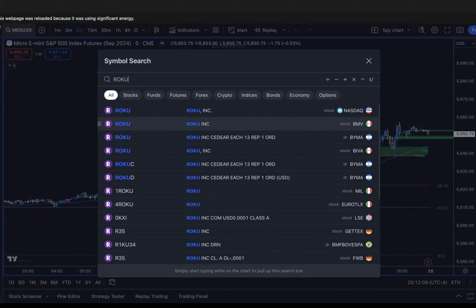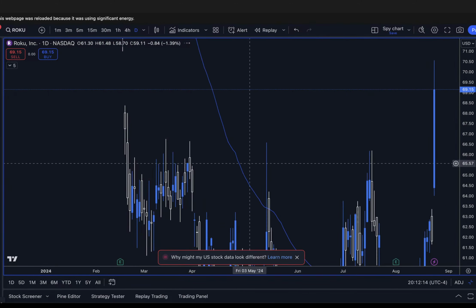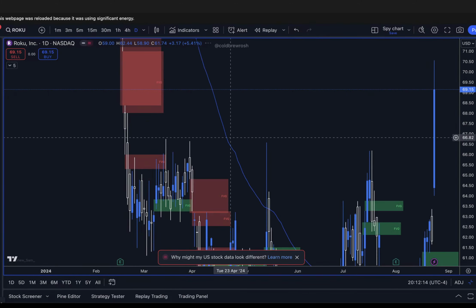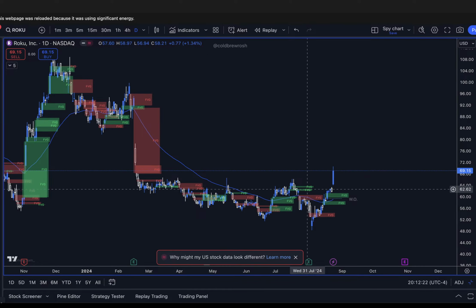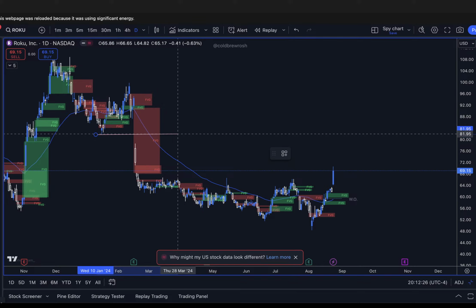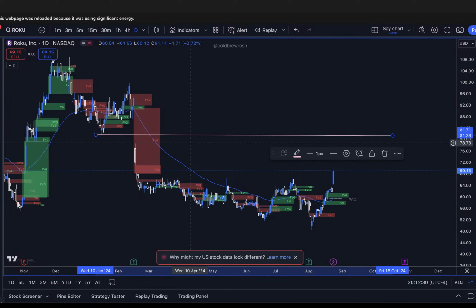I don't trade bias, but as an ICT trader, I can tell where the market wants to go. So you go to the daily. Ew, Roku looks ass. Roku, we have a breaker to the downside. So I feel like our target is there, and it fills this gap.